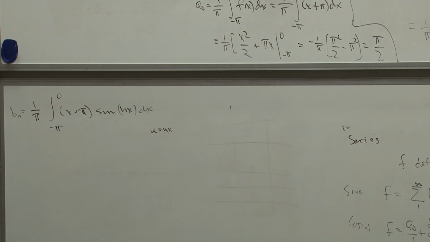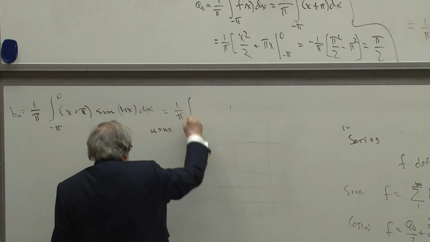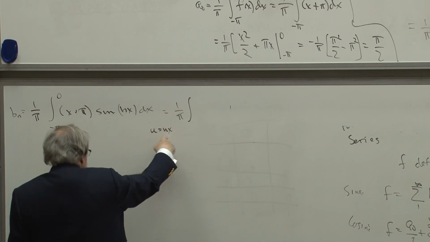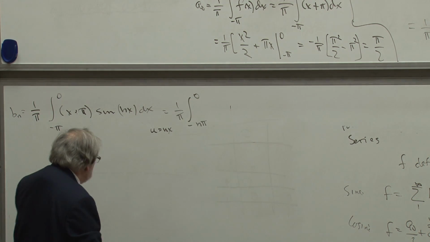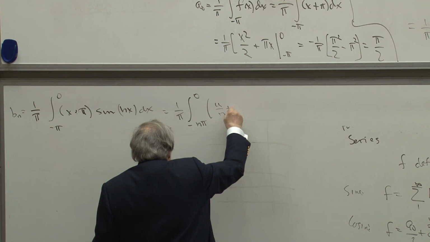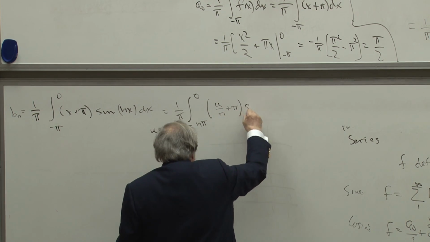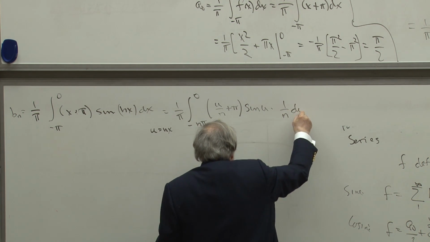Again, I let u be nx. When x is negative pi, u is negative n pi, to 0. And x is u over n, pi sine u, 1 over n du.